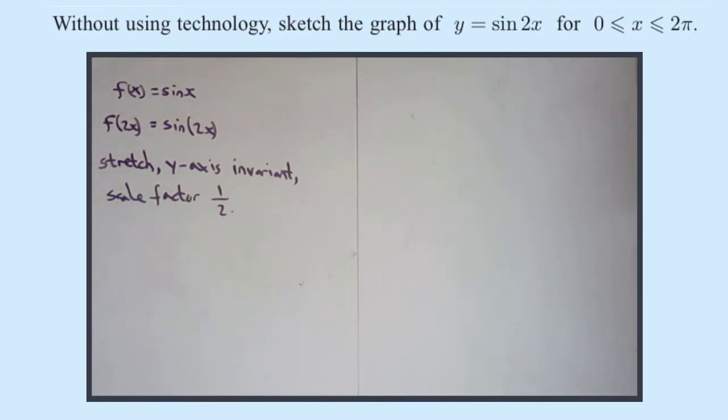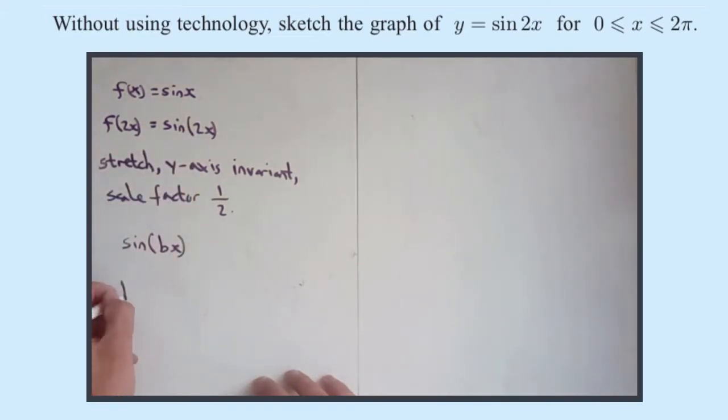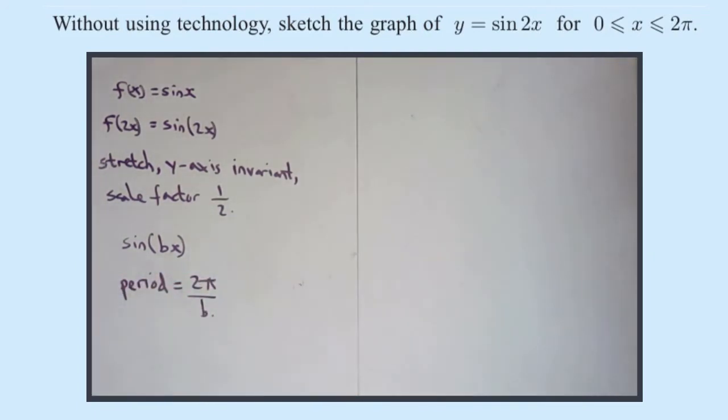The other one is by thinking about the period. Now, if we have sine bx, in this case b is 2. Basically, the period for this graph is 2 pi over b. The period for normal sine and cos is 2 pi.